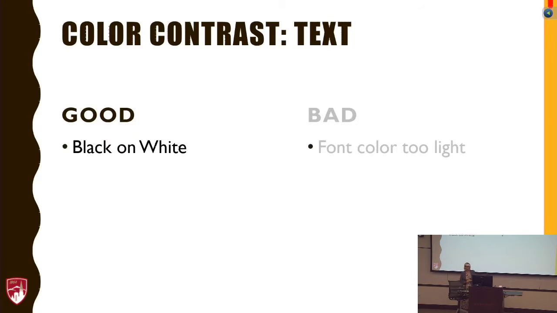PowerPoints and presentations. I see this a lot, especially when I teach and I make the students do PowerPoints. And they use these texts that, by the way, say "bad, font color too light." You can't even see it, right? It's in gray.